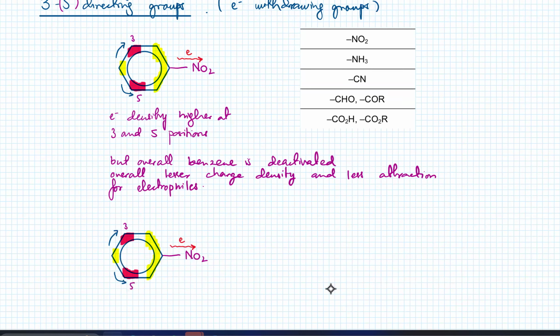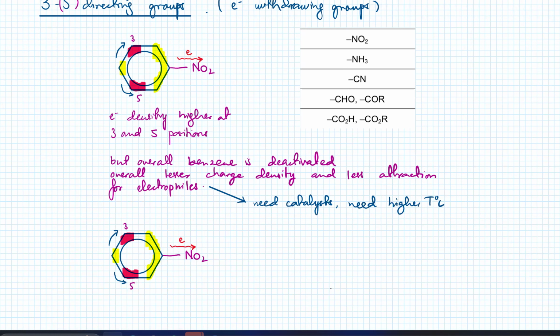Based on this, you would need a catalyst for the reaction to work, and you would need higher temperatures. So the conditions are not going to be milder in this case.